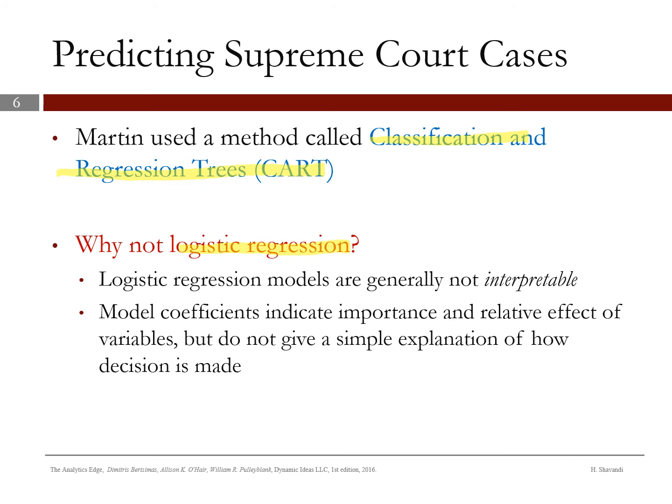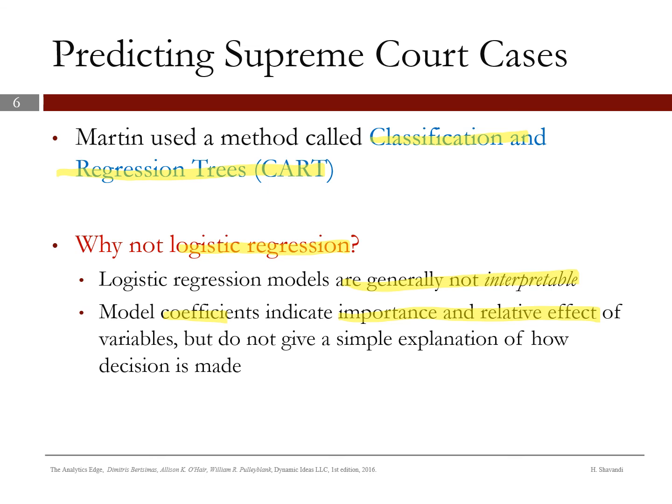In logistic regression, usually we cannot interpret the outcome made by the model. We have the coefficients, and although the coefficients show us the importance and relative effect of the variables, we still cannot explain how the decision is made.